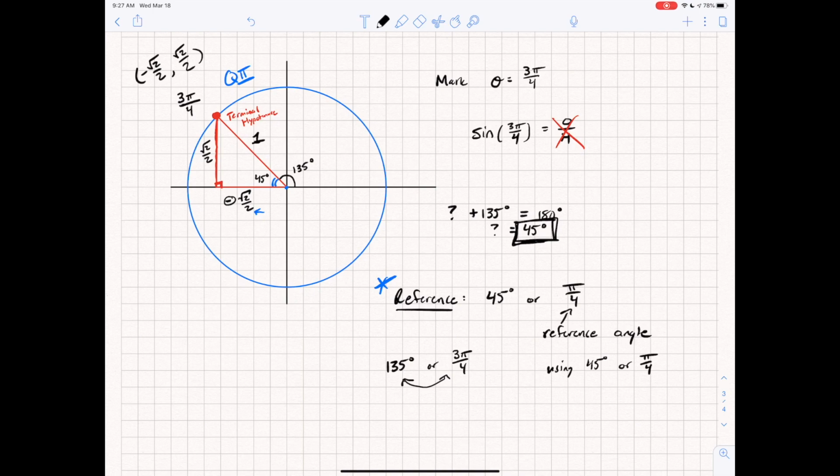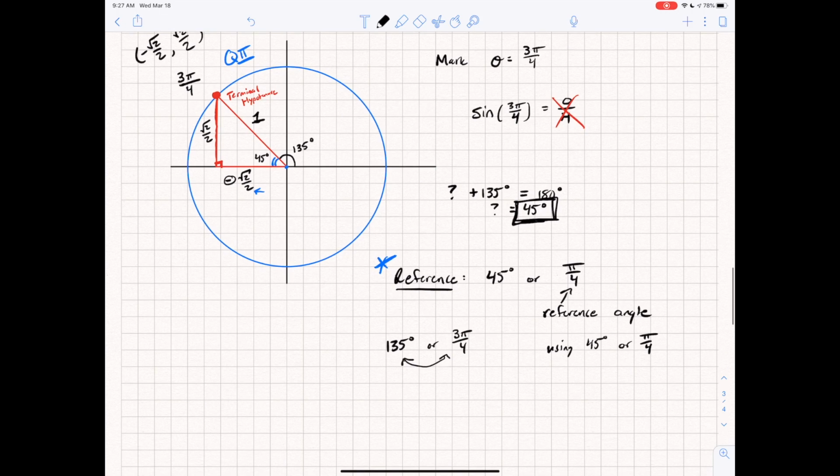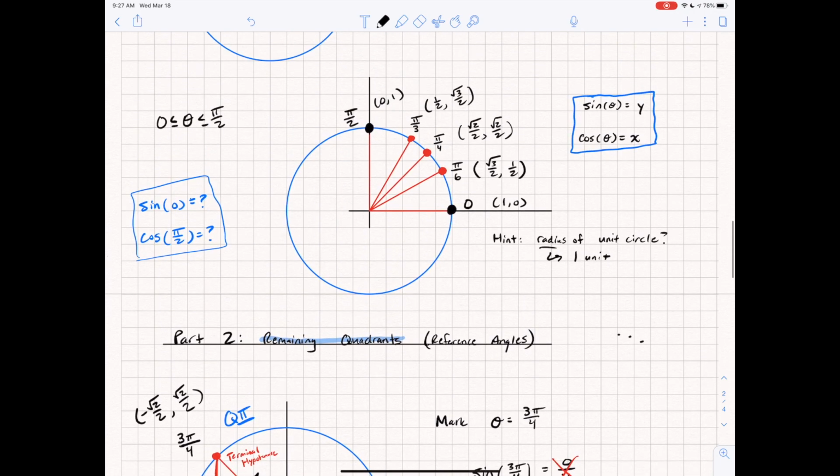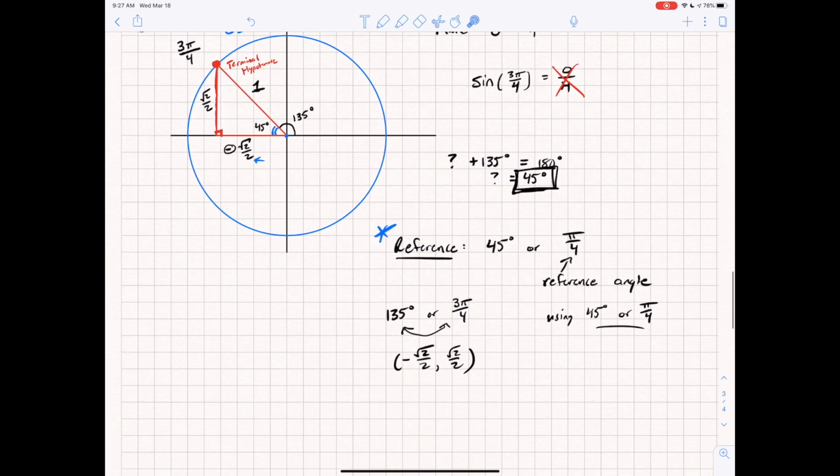And that's where it gets really interesting. For 135 degrees, or 3 pi over 4, my coordinate was negative root 2 over 2, root 2 over 2, where the first one was negative. Well, what was the coordinate again for pi over 4? I'm just going to scroll up a little bit. For pi over 4, it's the exact same thing, but there's one slight difference.